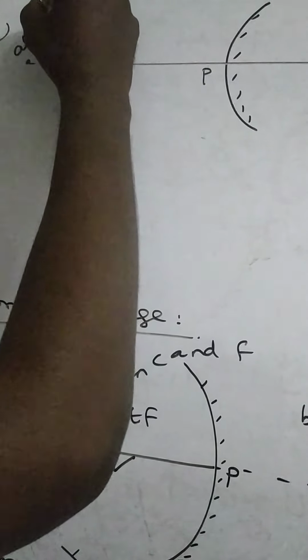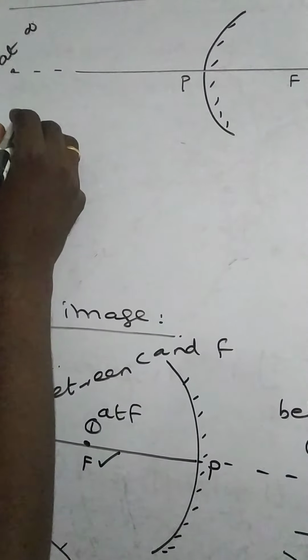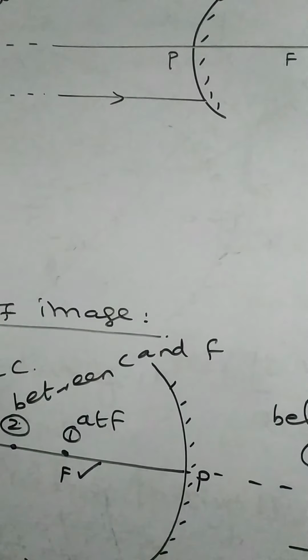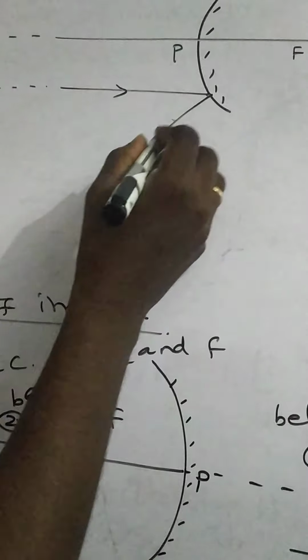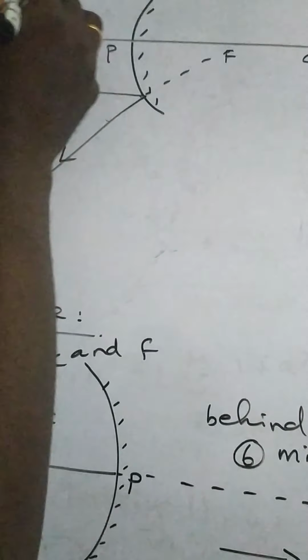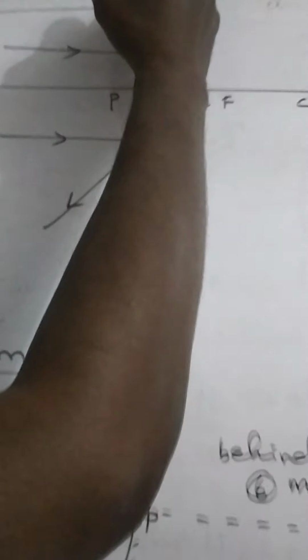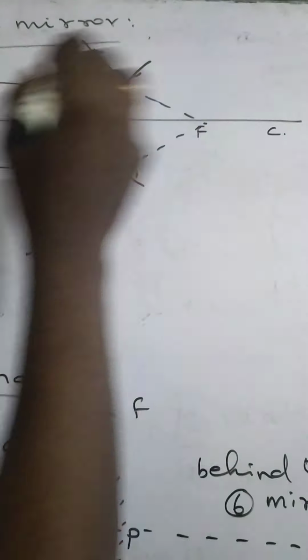A ray passing parallel to the principal axis, after the reflection, passes through the focus.